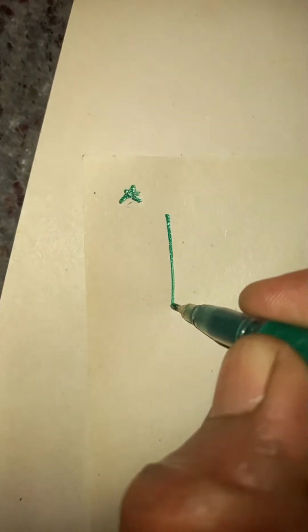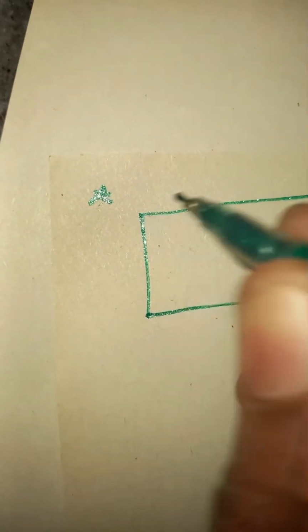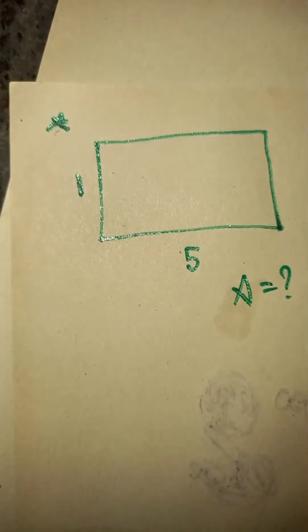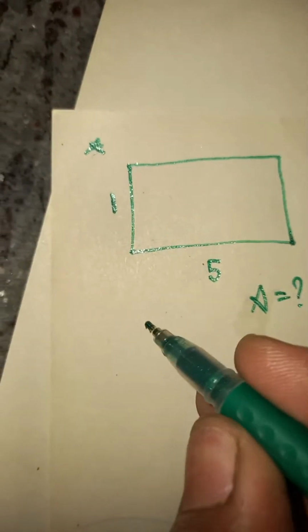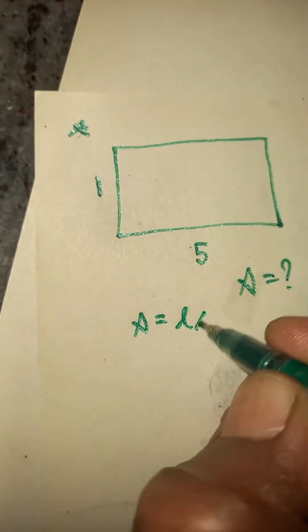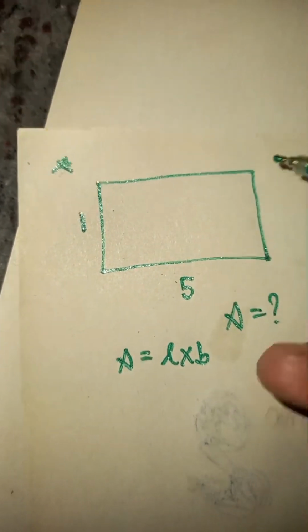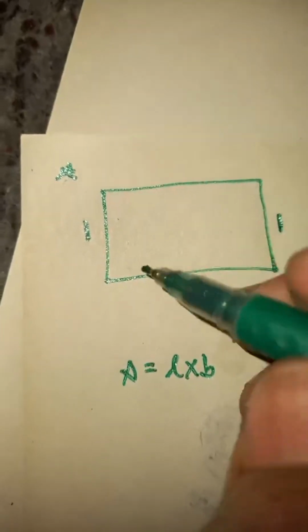Let's take the next shape, which is rectangle. In this rectangle, they have given one side length as 1 unit, another side as 5 units. You need to find out the area of the rectangle. Area of rectangle is simple, length times breadth. Here, this side length is 1 unit, and even the opposite side is also 1 unit.